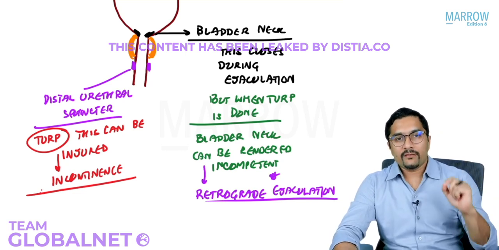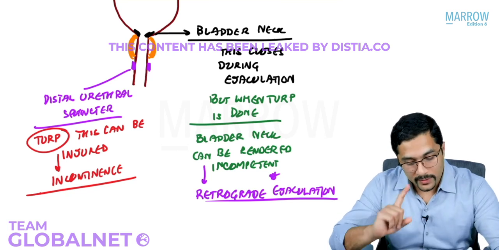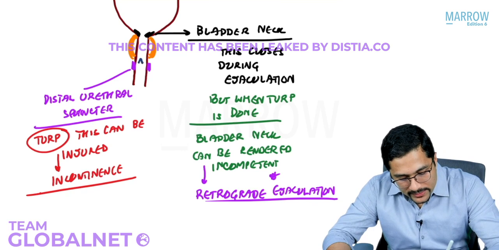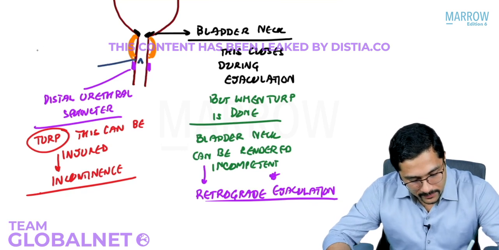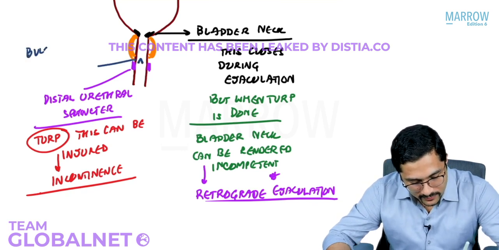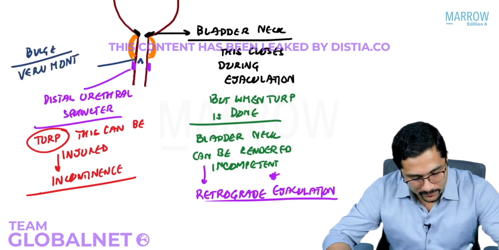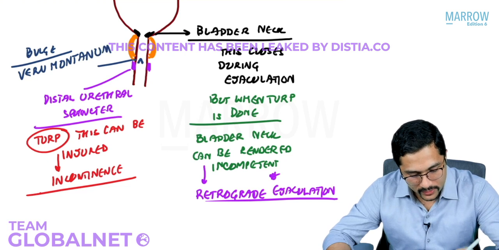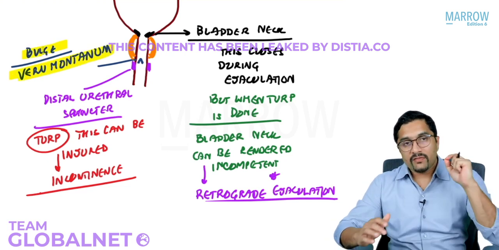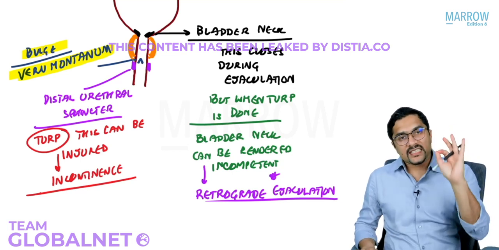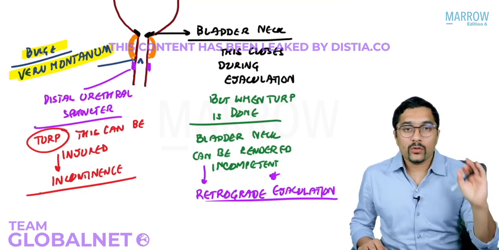Which is why when we talk about TURP, and I'm going to repeat this again, there is a bulge in the prostatic urethra. This is known as verumontanum. Very important term. And this verumontanum, and I'll show you in the video as well, is the distal limit of TURP.